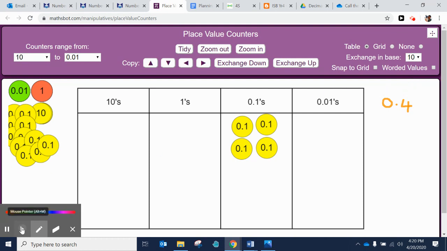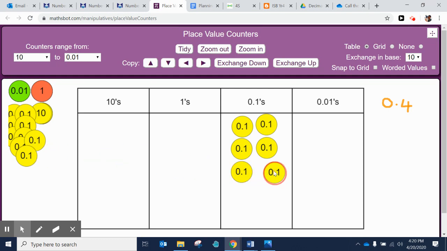Let's keep going. How would you say this number? That would be 0.6. Let's add some hundredths now.